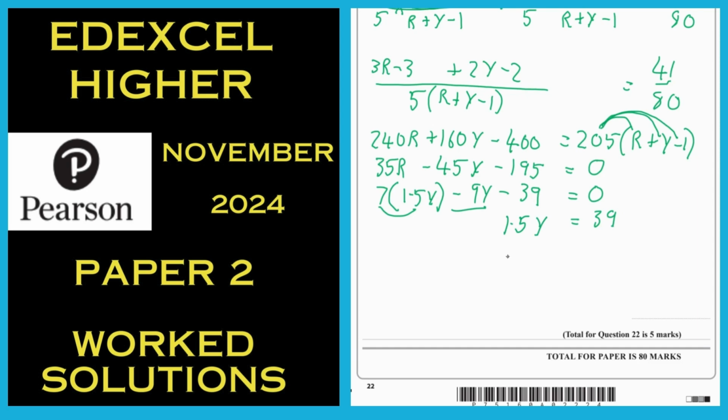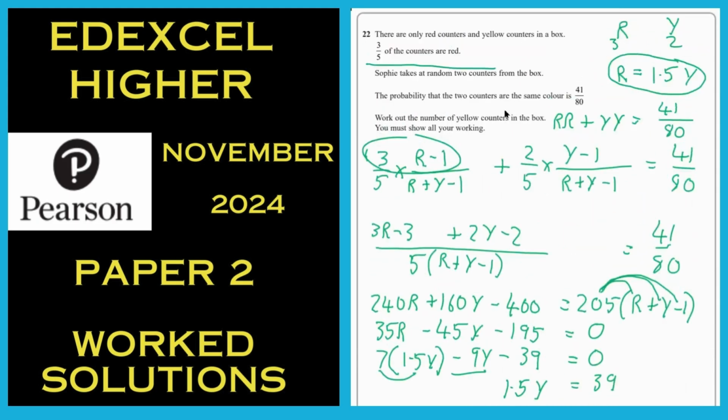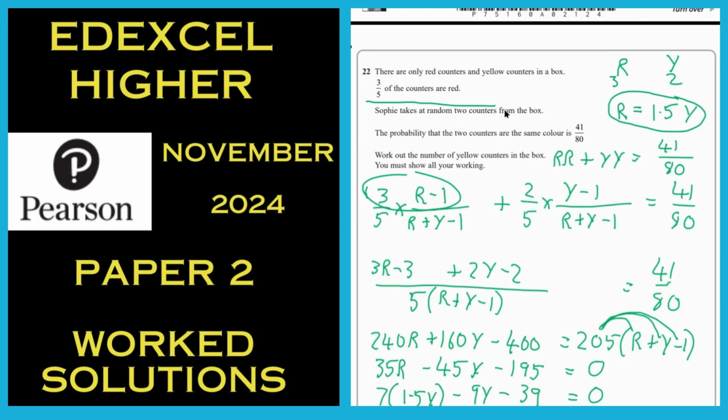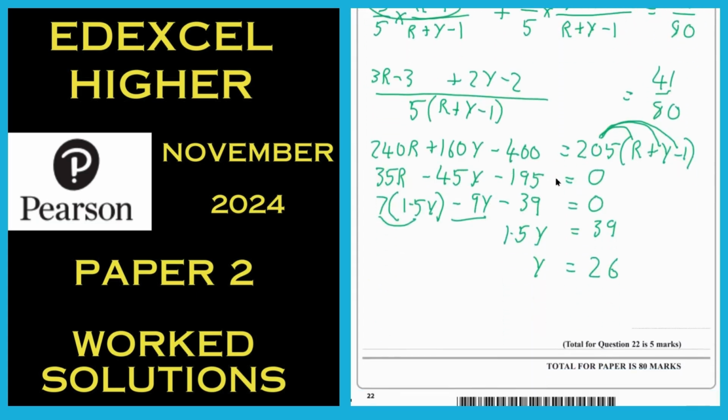And now if we divide both sides by 1.5, 39 divided by 1.5, y is 26. After doing all that work, always make sure you've answered the question. Yep, work out the number of yellow counters in the box. Number of yellows is 26.